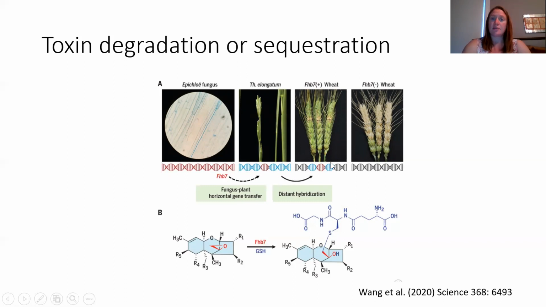And that got lost originally when we domesticated wheat, but they were able to do a wide cross and bring that gene in from the wild species of wheat. So we have a case of both horizontal gene transfer, which is quite rare between microbes and plants, but also wide cross, which generated this form of resistance, detoxification.